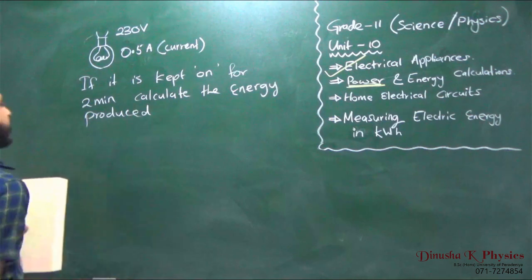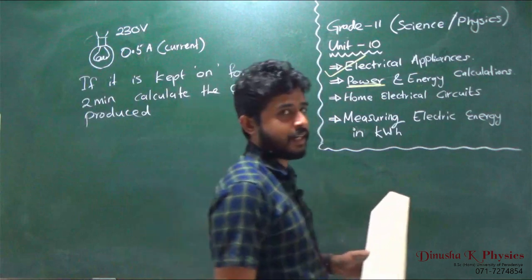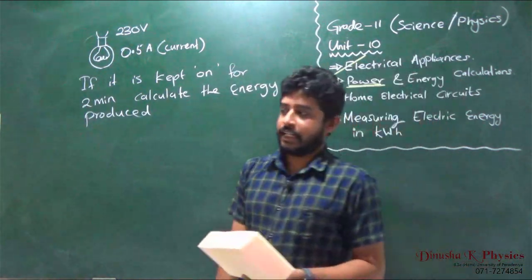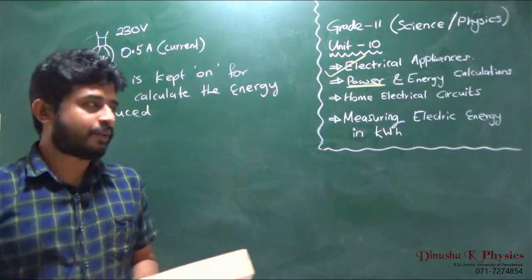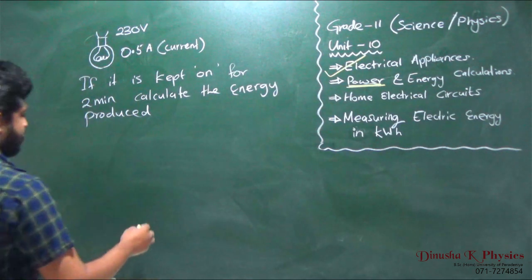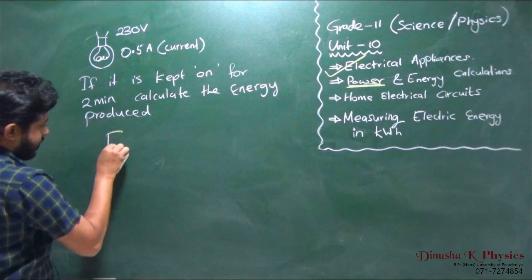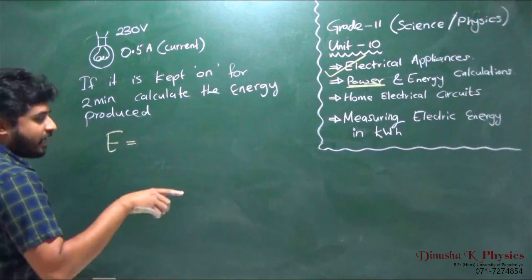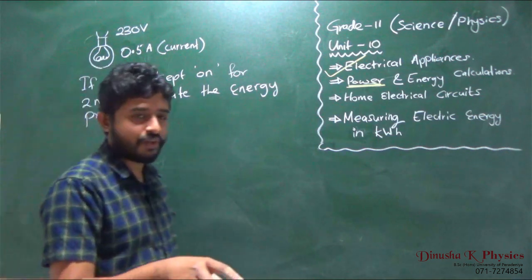Produce කරන energy එක අපි හොයන්නයි කියන්නේ. කොහොමද හොයන්නේ? Right. So we know that there are two formulas to find the energy consumption. So that is E is equal to VIT and E is equal to PT.